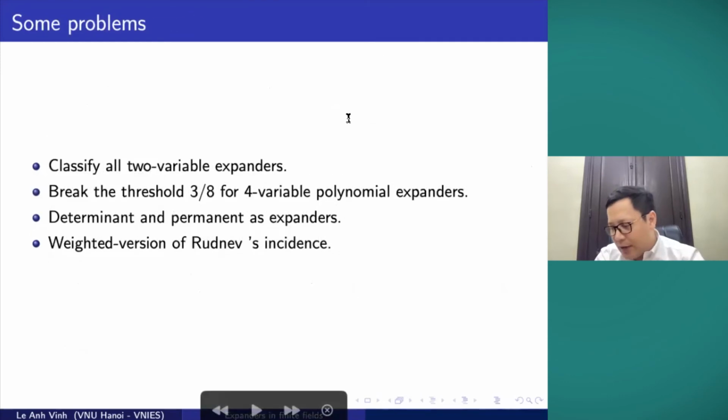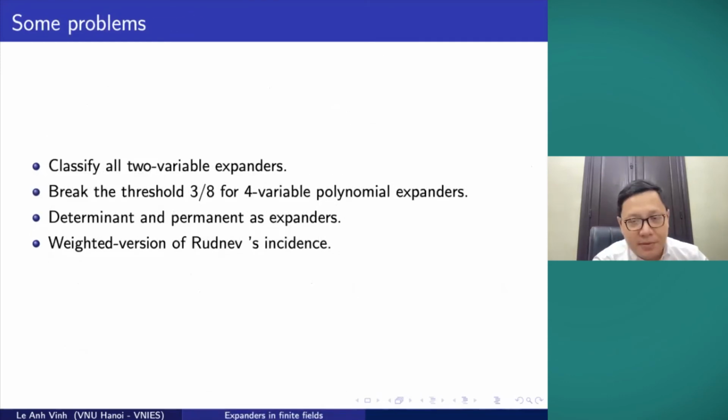The thing that I want to ask here is some problems. It should be interesting to look at these few problems. The first one will be to classify two variable expanders. We have a partial result for three variables, and the most interesting case will be for two variable expanders. The second problem, which may be easier than the first one, is to break the threshold 3/8 for four variable polynomial expanders.